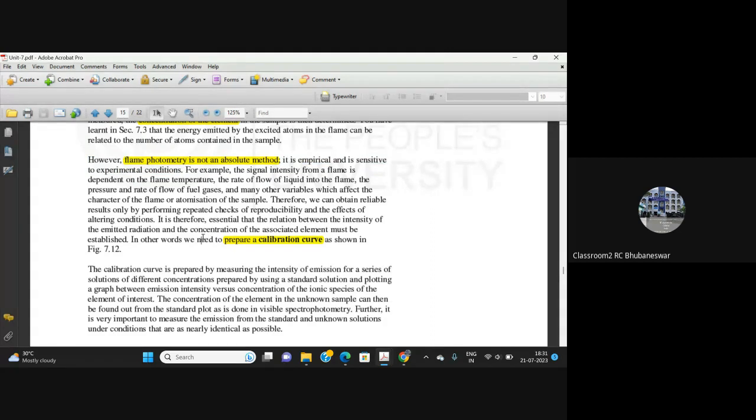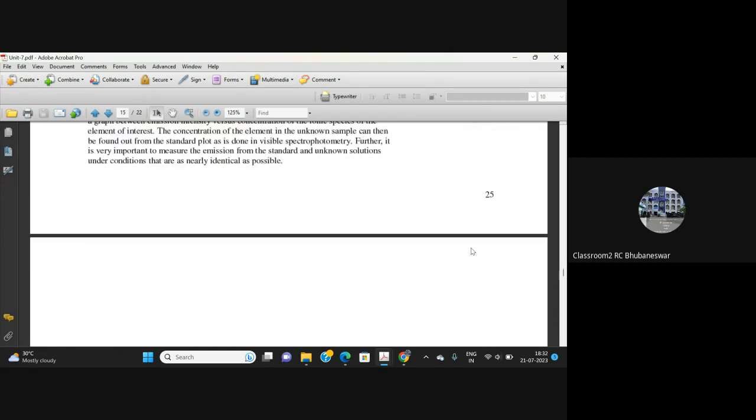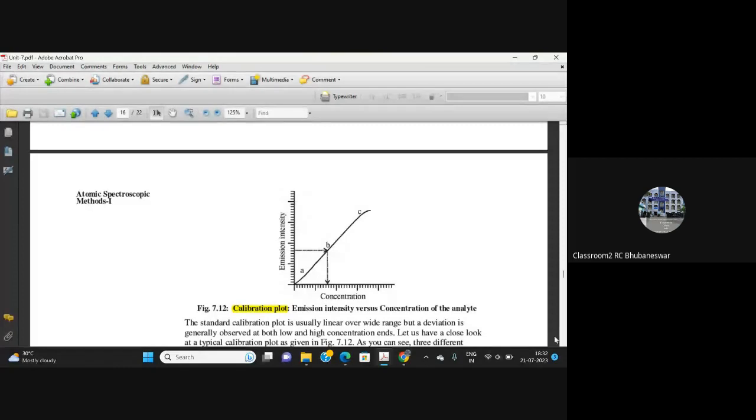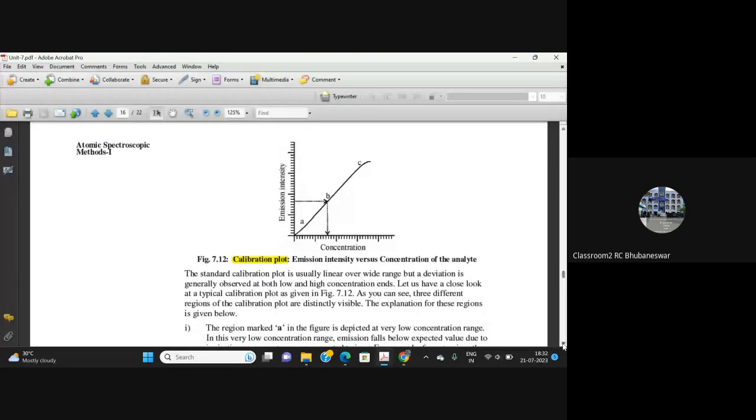For this quantitative analysis, obviously you have to prepare a calibration plot. How will you prepare the calibration curve? As in UV-visible spectrophotometry and fluorescence spectroscopic methods, I told you how to prepare the calibration plot. You can do it by using a reference sample whose emission intensity is known to you.